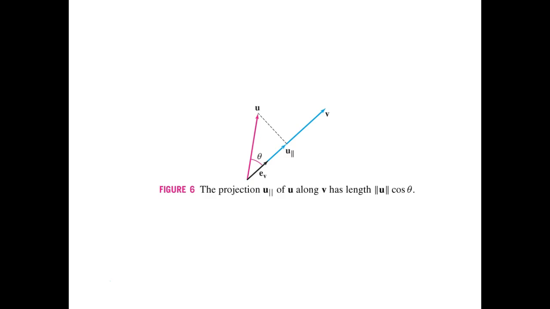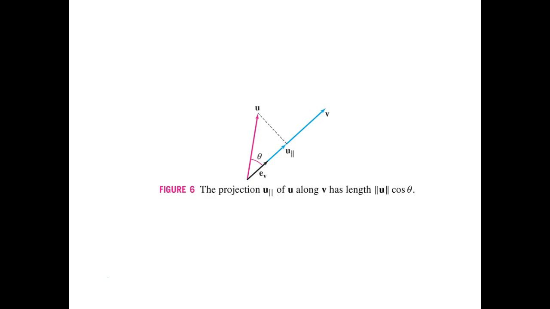Here's vector V, and here's vector U. If you project U onto V, that would mean draw a perpendicular from V up to the tip of U and then condense it. This is going to be the vector which is U projected onto V.